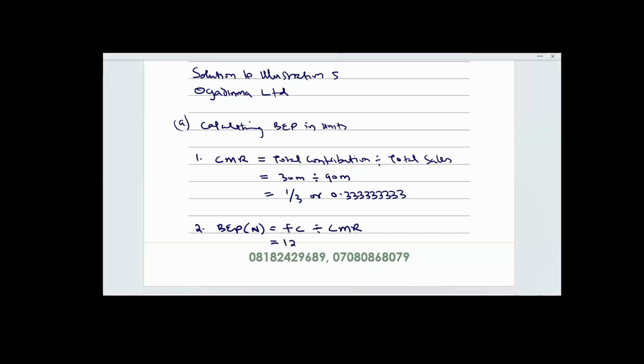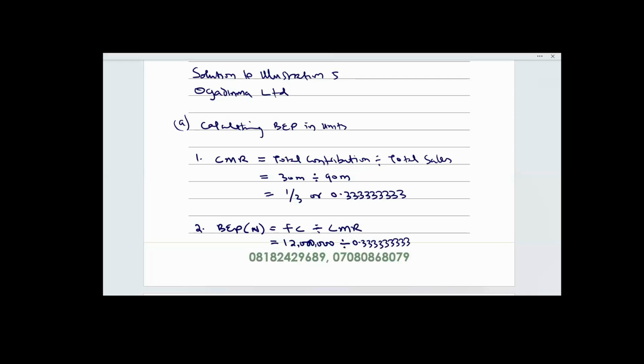So here it will be 12 million naira divided by 1/3, or you can say 12 million naira multiplied by 3, because the 3 that is the denominator will become the numerator.